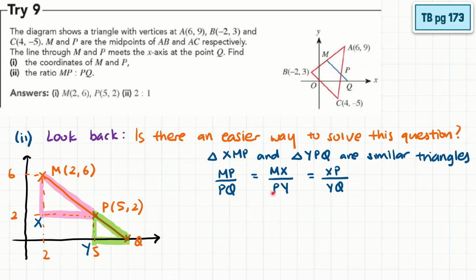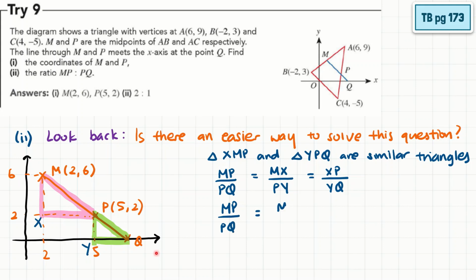I have decided to find out what MX and PY are. MX is this vertical line here. PY is this vertical line. So MX is the length 6 minus 2, that is 4 units. And PY is 2 minus 0, that will be 2 units.